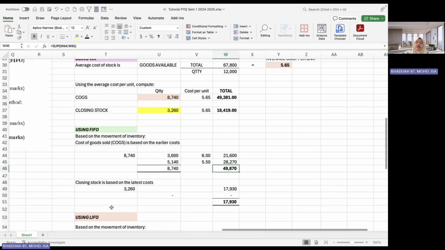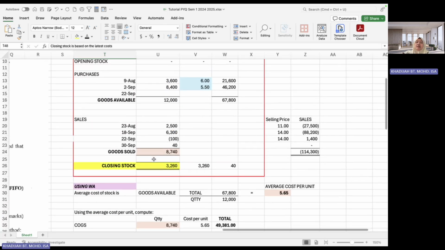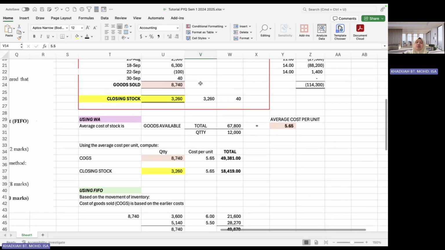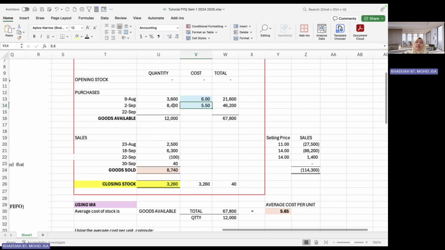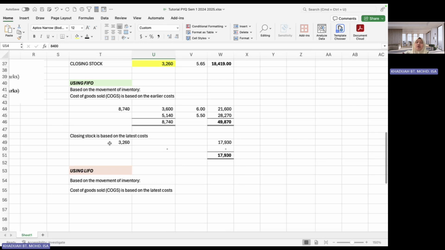However, under FIFO, your closing stock will be based on the latest cost. The latest cost compared to here is 5.5. So if you purchased 8,000 at 5.5, it means that under FIFO, your 3260 would be based on the cost of 5.5, which is the latest.